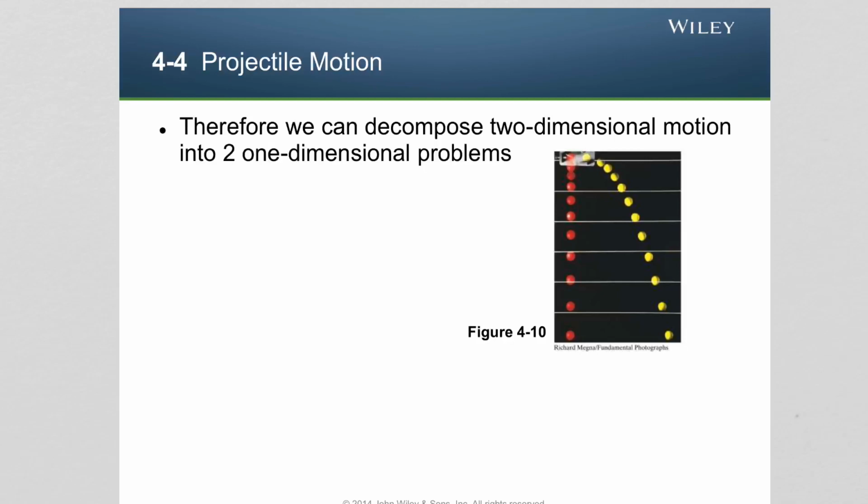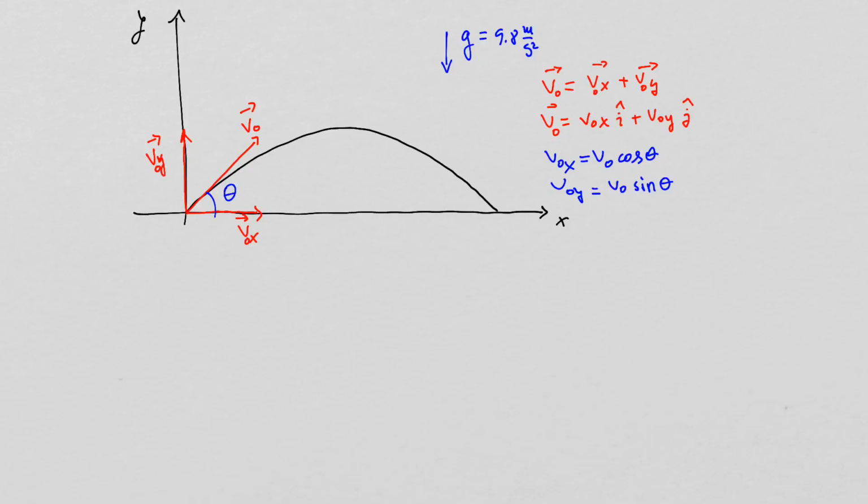And so if you consider the motion of a projectile, as you can see, the shape of this trajectory consists of vertical motion starting from ground level and going all the way up at the top, while at the same time the object is moving horizontally.